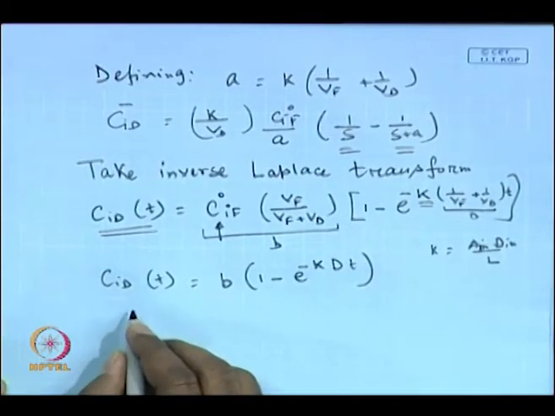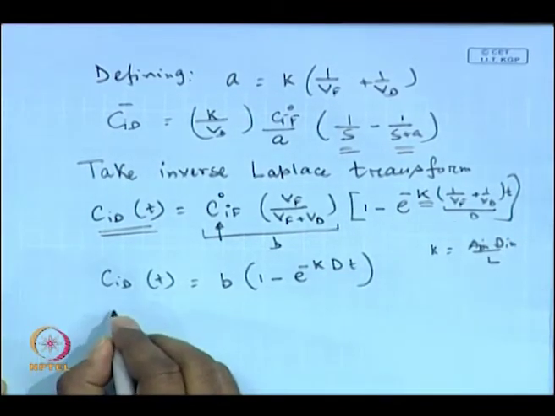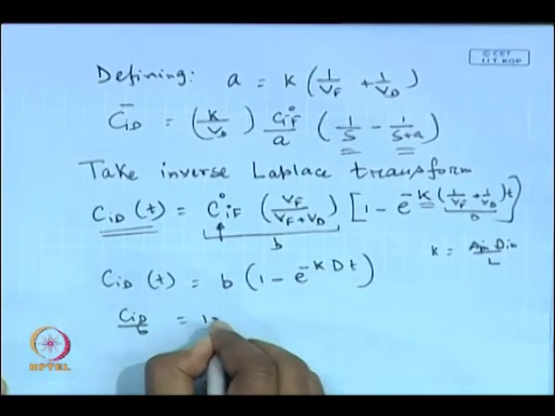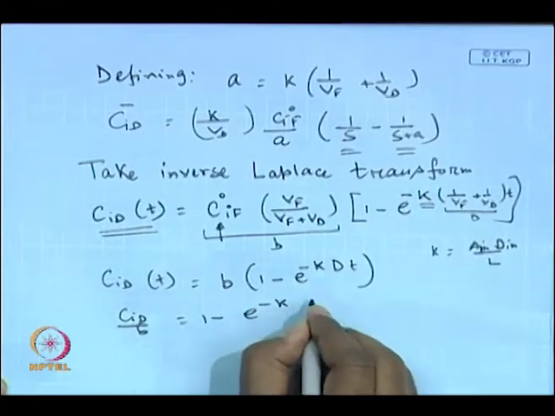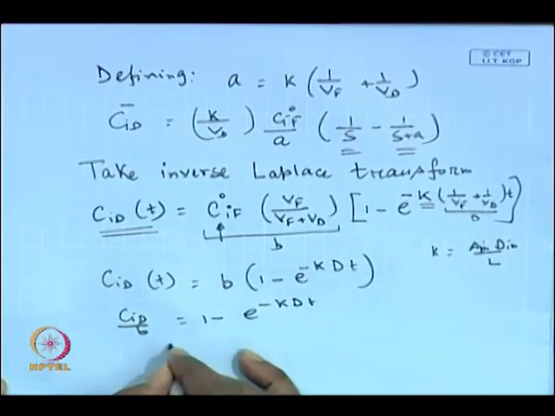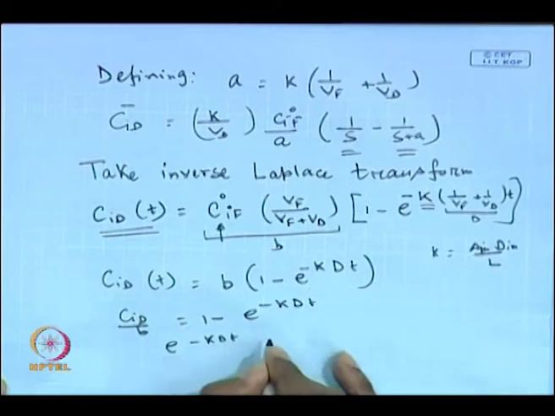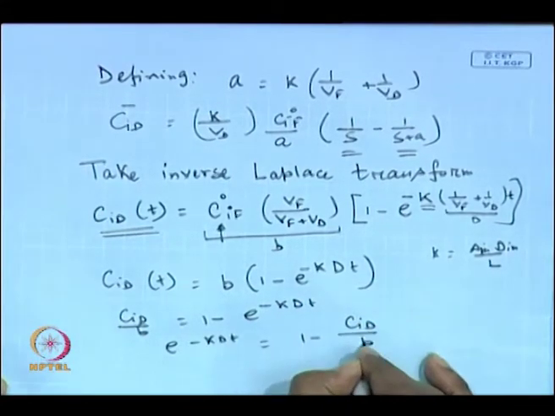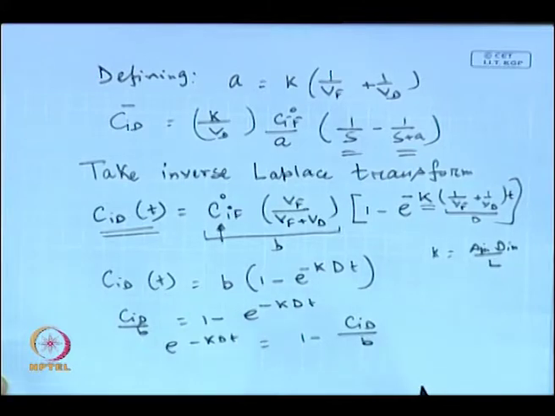Okay. So, now what you can do is C_ID over b is nothing but 1 minus e to the power minus K d t. So, e to the power minus K d t is nothing but 1 minus C_ID over b, and take the log on both sides and see what you get.